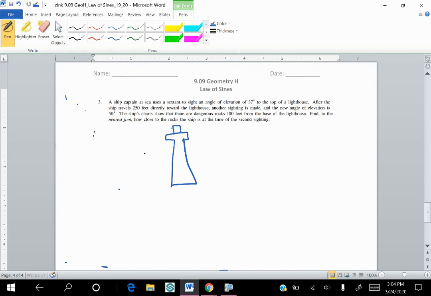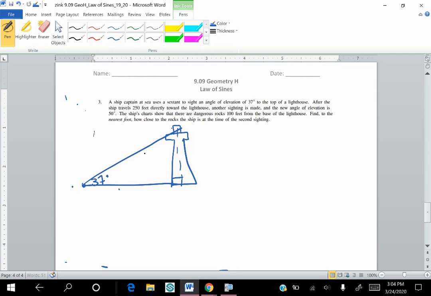As you can tell, I'm a very good drawer here. And your lighthouse is going to sit at a right angle. We assume it sits at a right angle. We've got an angle of elevation of 37 degrees to the top of that lighthouse.